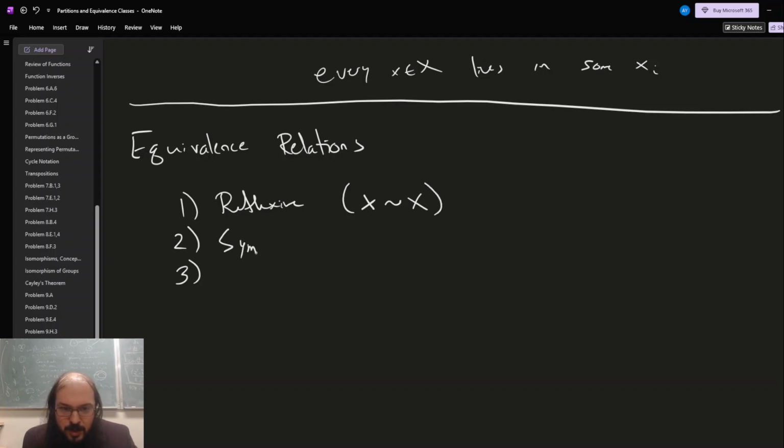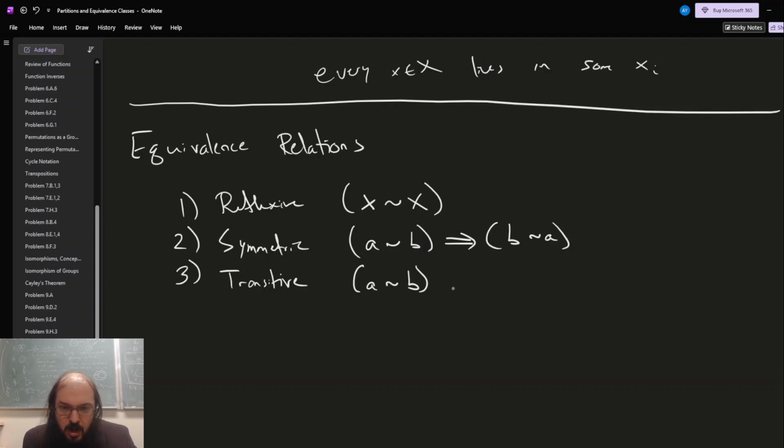It is symmetric, so that if a is equivalent to b, that implies that b is equivalent to a. And lastly, it is transitive. And this was the really core property that was helpful for us last time we encountered this concept, which is that if a is equivalent to b and b is equivalent to c, then a is equivalent to c directly.